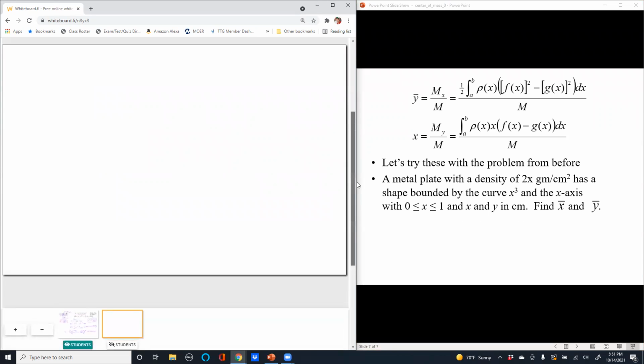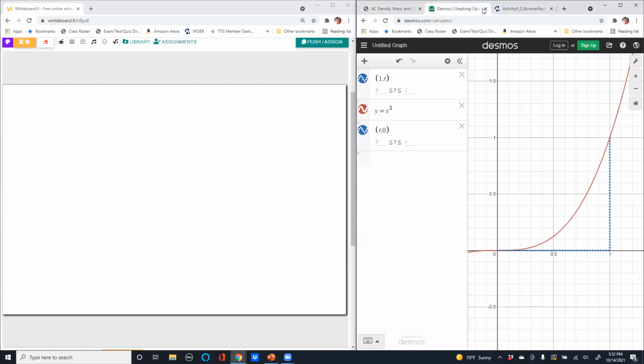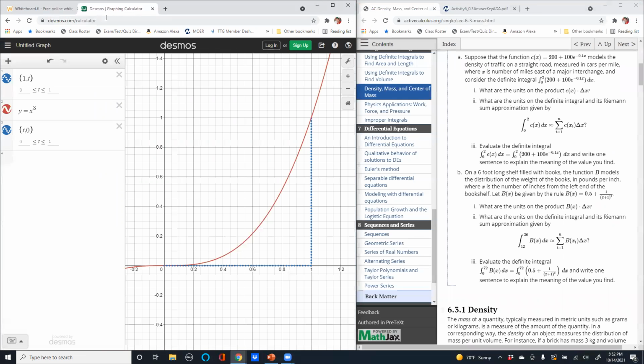Okay, so first off, let's take a look at the graph to see whether or not we can get an idea of where x bar and y bar should be. All right, so if we bring up our graph. So here's the graph of our situation from 0 to 1.